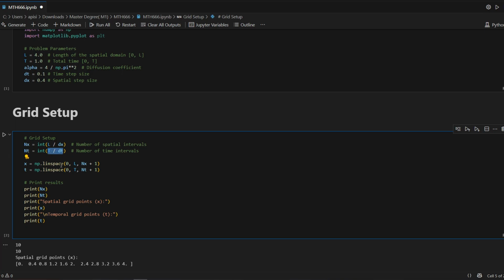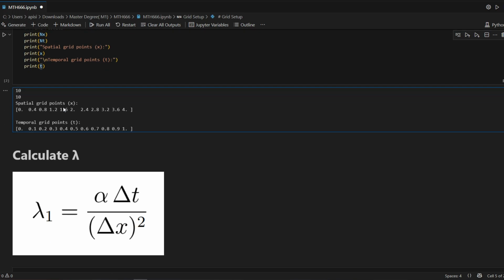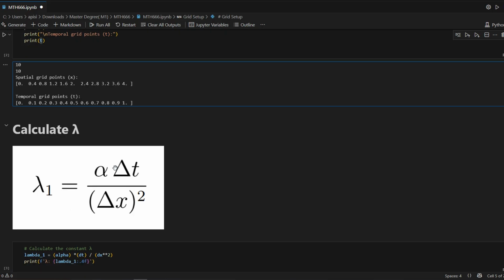Then we create x from 0 to L with nx plus 1 points, and t we also create from 0 to T with nt plus 1 points. We can print the results in x and t to check the values.